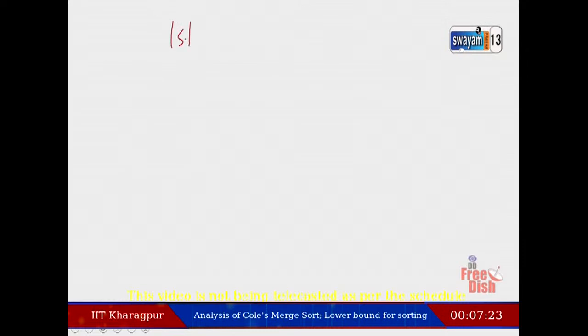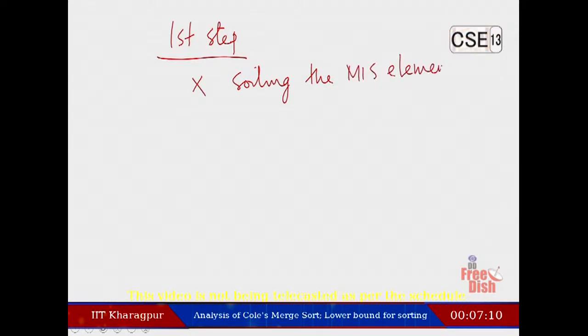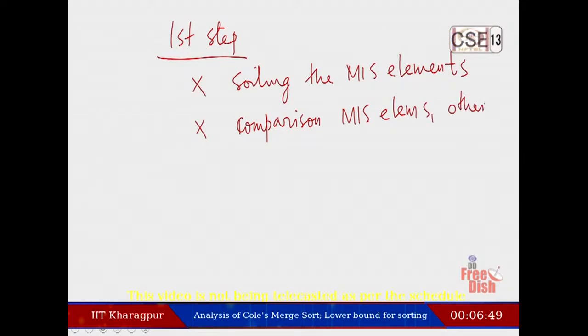The first step of your algorithm has done nothing towards sorting the MIS elements, and the comparisons between the MIS elements and the other elements do not contribute to the sorting of either set.